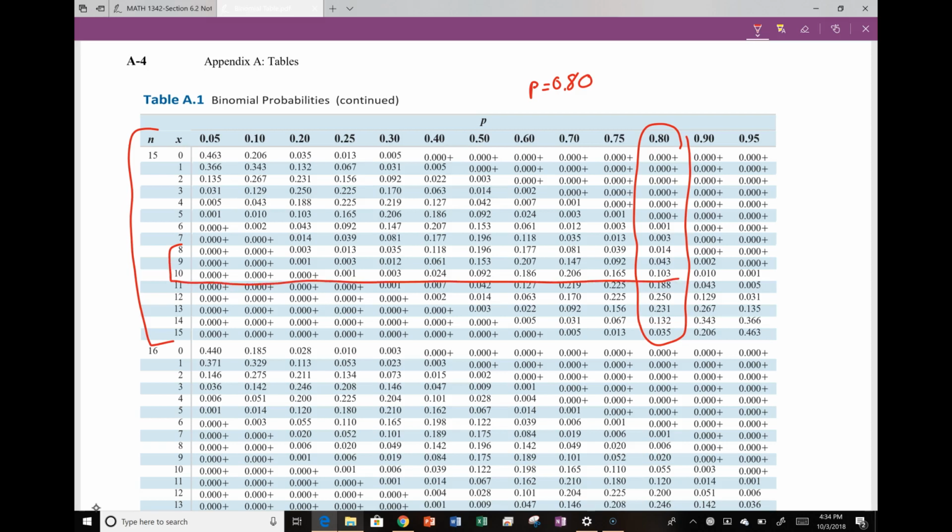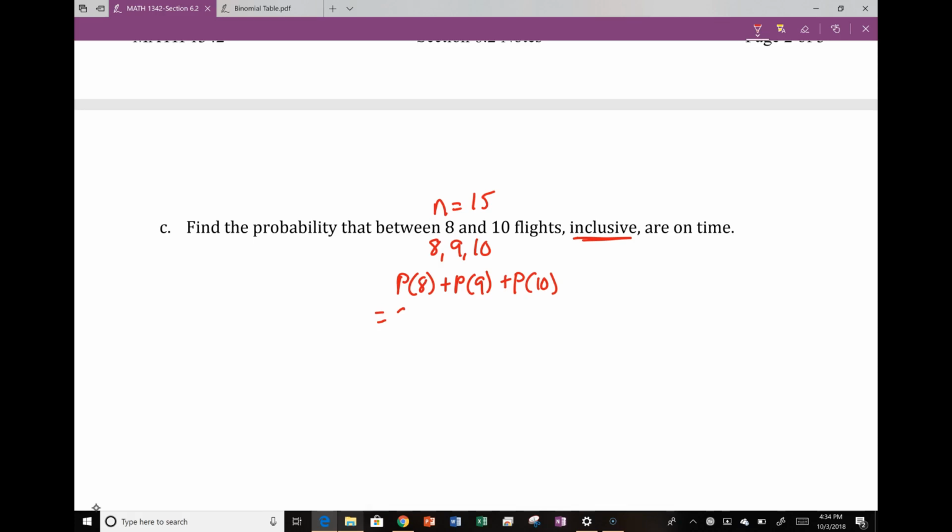So I'm going to look. Here is my 8, 9, or 10. 0.014, 0.043, and 0.103. So I end up with 0.014 plus 0.043 plus 0.103, which is going to add up to 0.16.